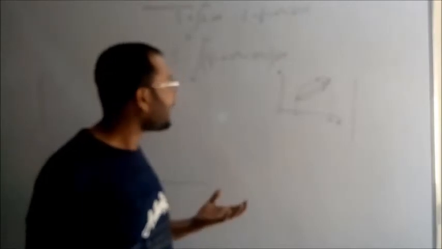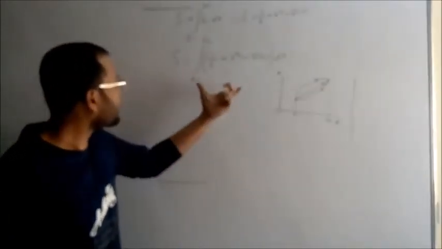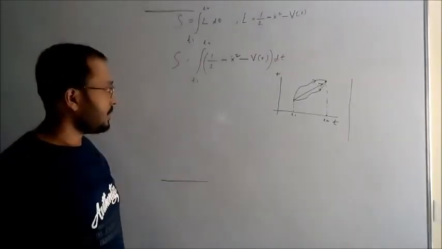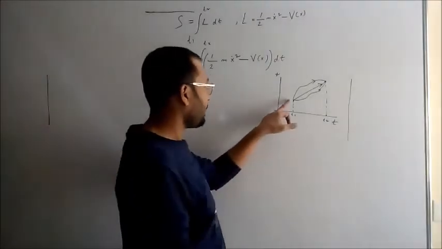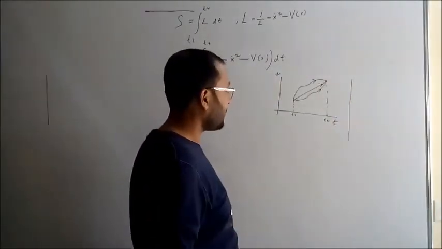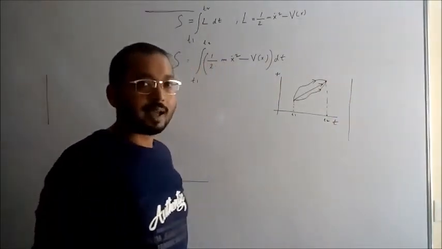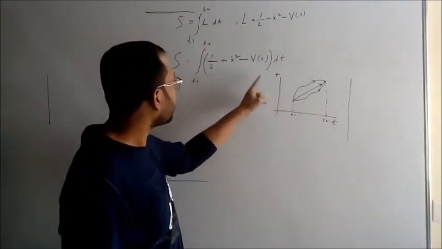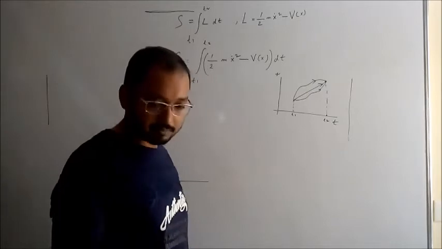And which path will that be? Well, it will be the path which makes stationary or minimizes the action. So in going from here to here, there are infinitely many paths, but the actual path that is followed is the one which makes stationary or minimizes this quantity.